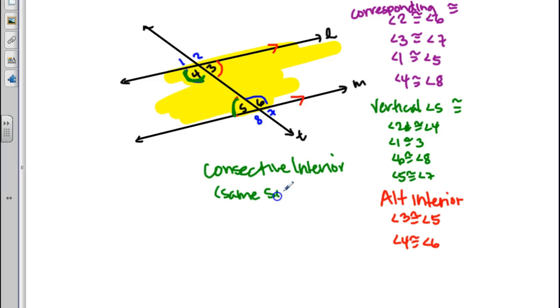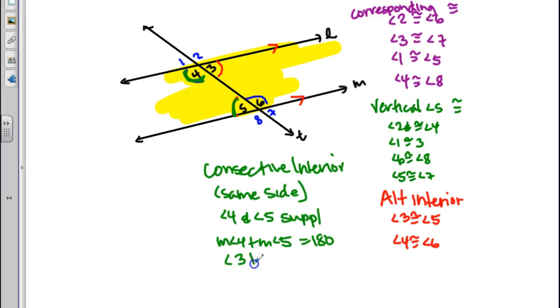Those are same side of the transversal. So angle 4 and angle 5 are supplementary. That also means the measure of angle 4 plus the measure of angle 5 adds to be 180. All right, 2 more, 3 and 6 would also be supplementary angles. All right, so that is theorem 3-2. Consecutive interior angles are supplementary.